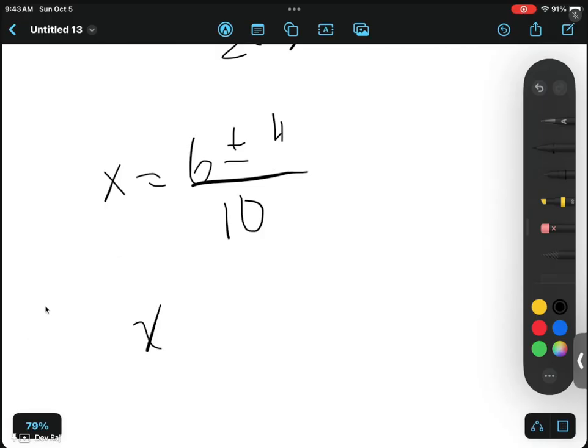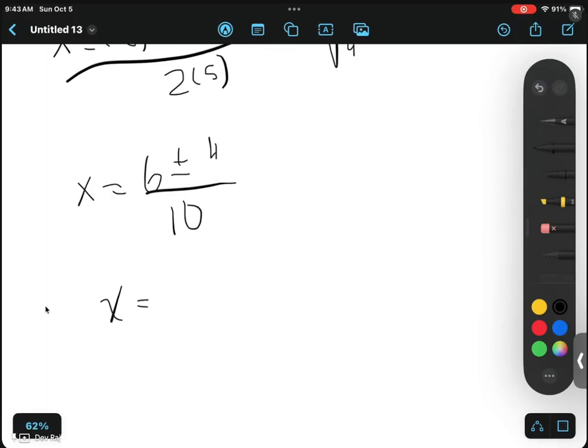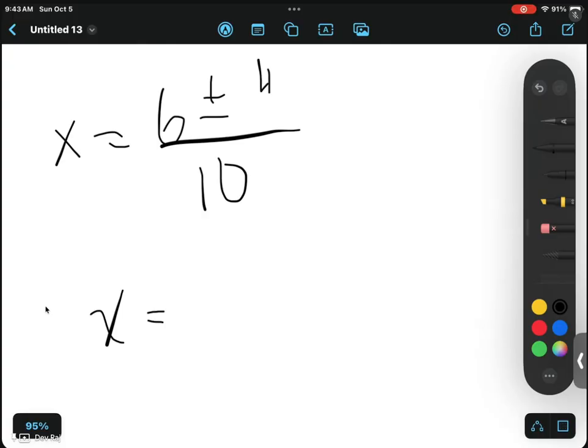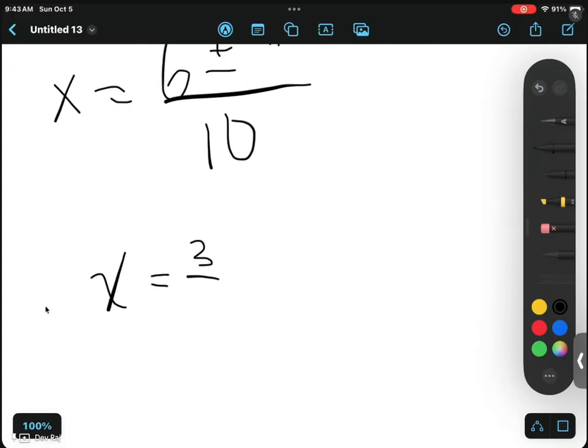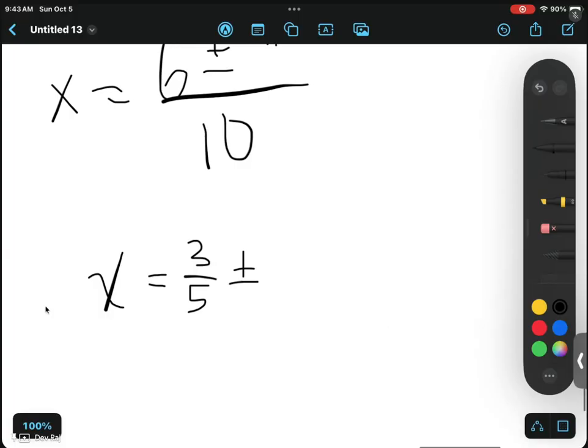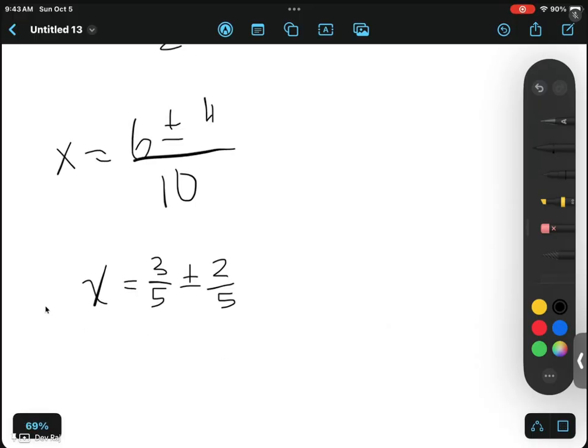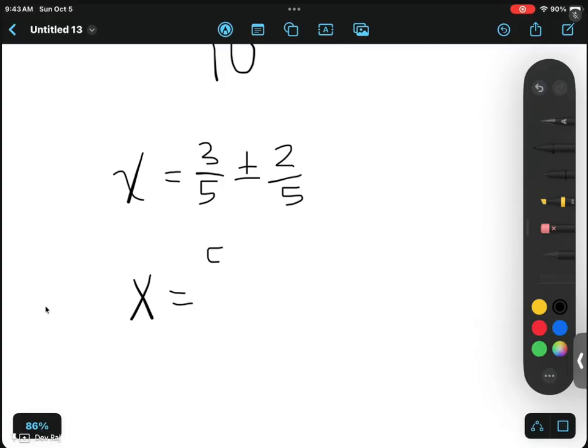So then x would equal 6 plus or minus 4, so it'd be 6 over 10, which is just 3 over 5, plus minus 2 over 5, right? So our x-intercepts could be 5 over 5, or it could be 1 over 5.